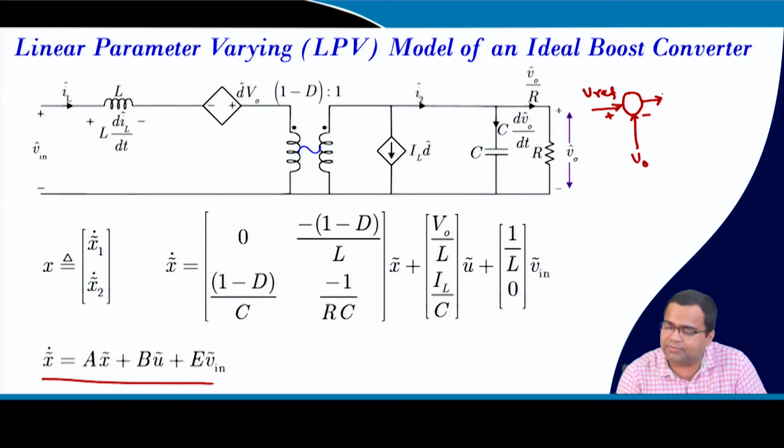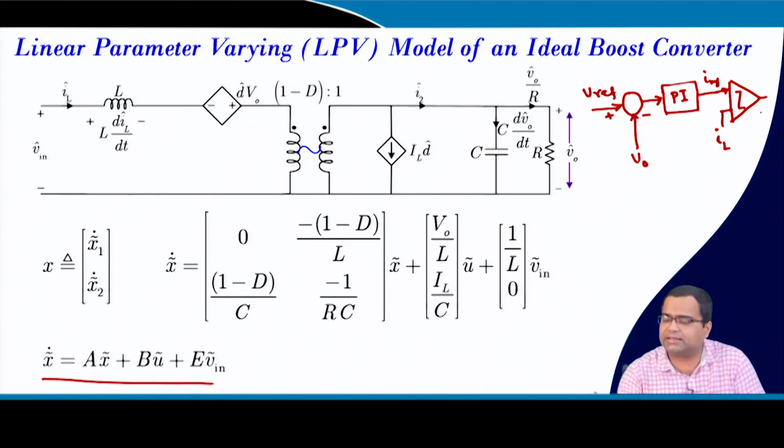Then in case of state feedback, we have a PI controller, and this output is going to, it is like a reference current, and what we are doing, we are directly comparing with inductor current, and that is going to the latch circuit, right.